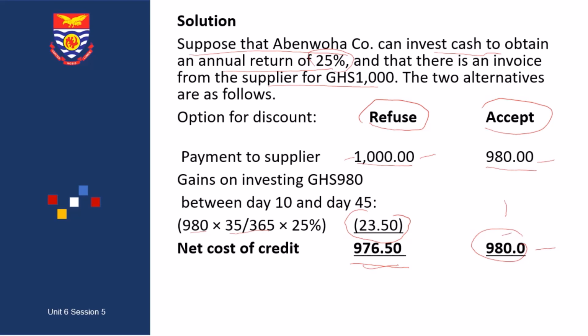So it will be better for Abin-Wahar to refuse, since he's paying less if he refuses than accepting. I hope you understand. You can make your argument from this point. You have to do the calculation first and see the opportunity cost involved in refusing and accepting.